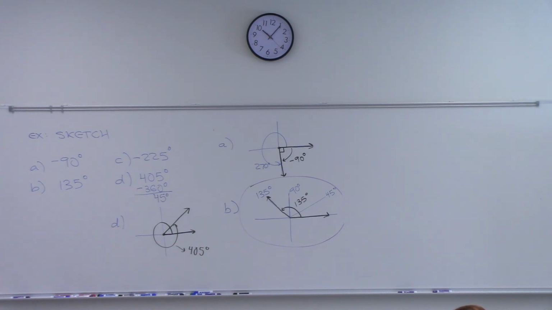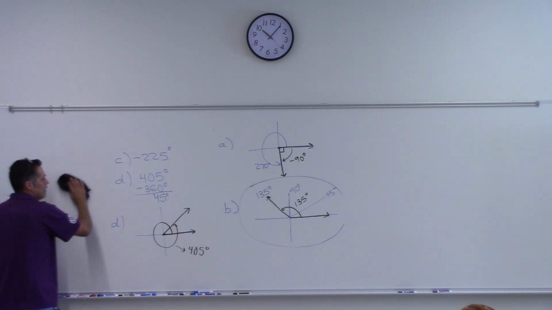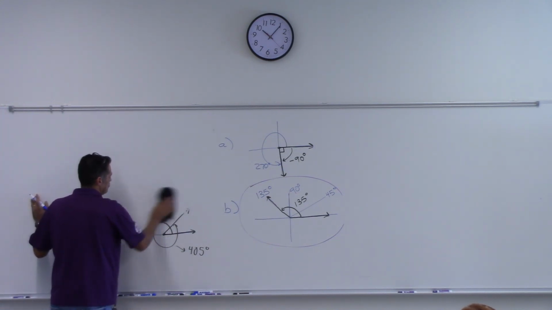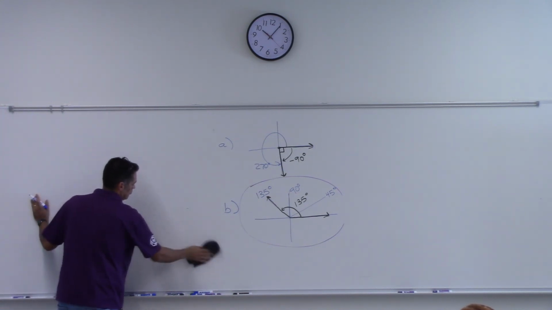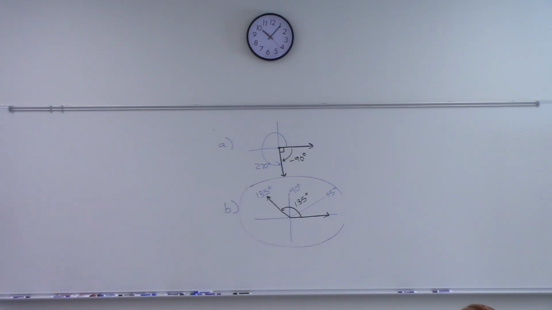Now, when we measure something with, let's say, a ruler, you have a 1 foot, and we said we could break that foot down into inches. And then each inch can be broken down even further. The same thing works with degrees.